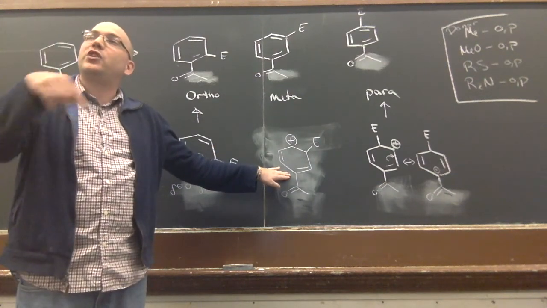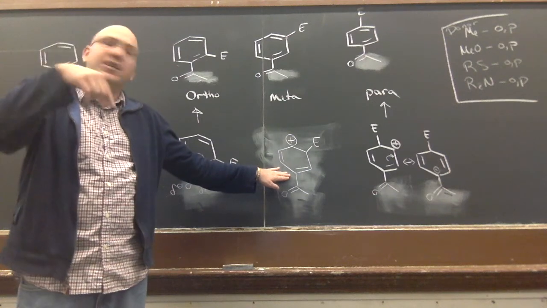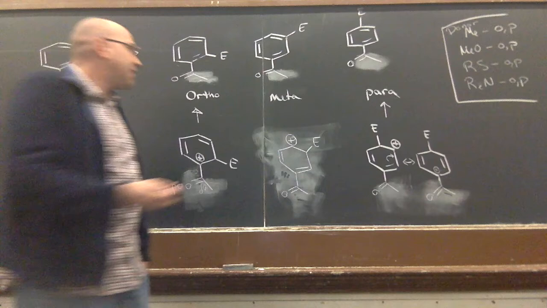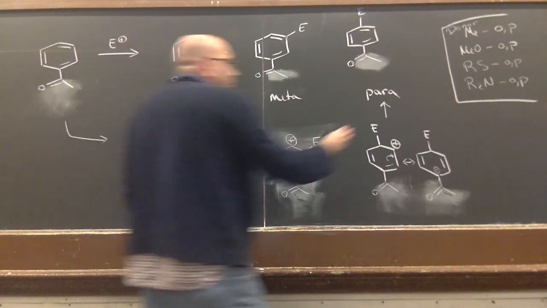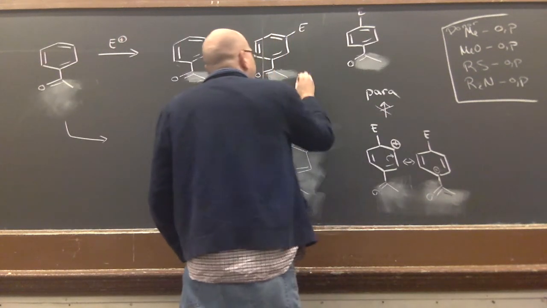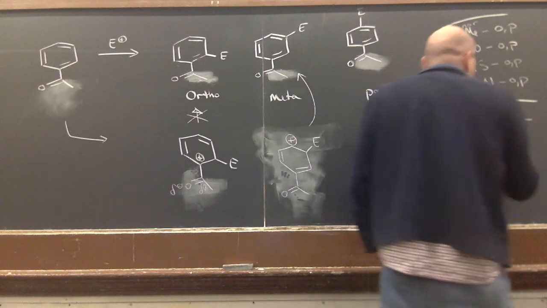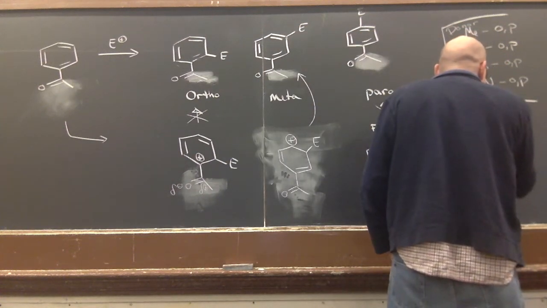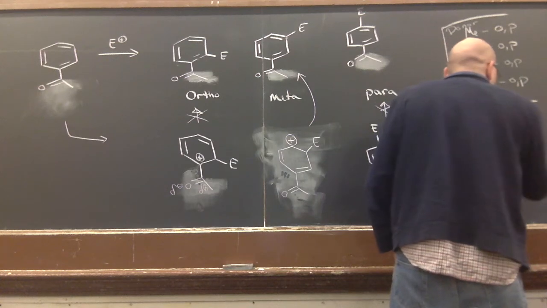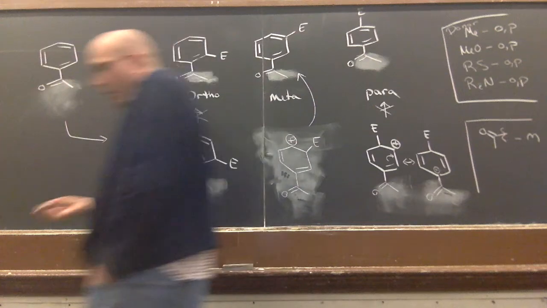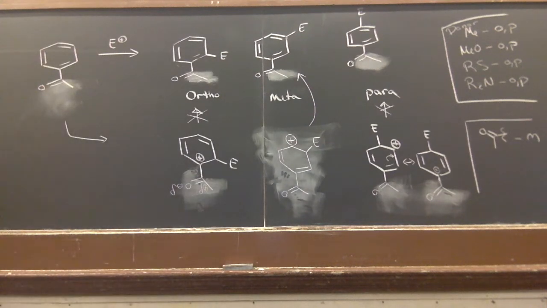In this case, if we can draw a resonance form that has the positive charge there, it's just overall bad because of that. And so the meta-directing group is actually what's going to drive this reaction. So if you have, say, for example, a ketone, then that's going to give that effect.